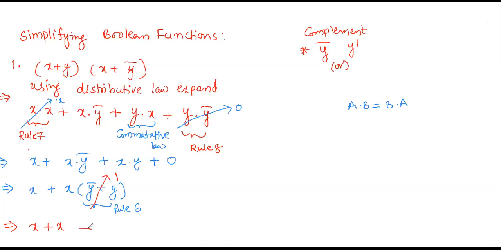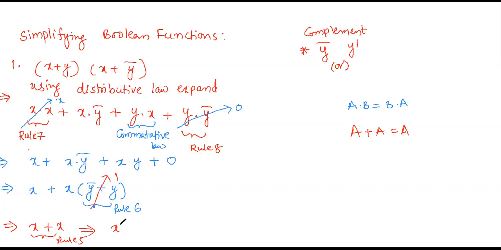What is x plus x? A plus a is equal to a only. From rule number 5, x plus x is equal to x only. So after simplifying this expression, you will get the final answer as x.